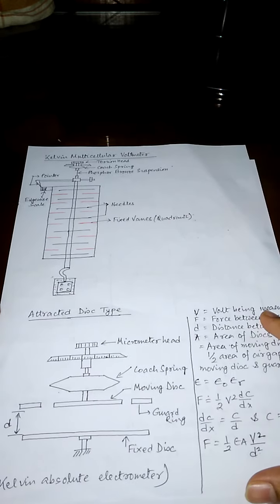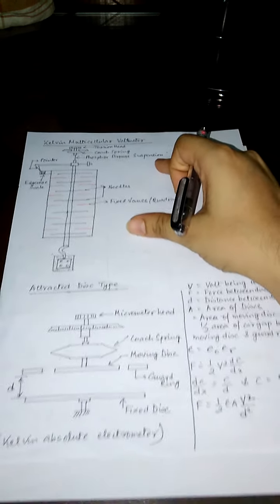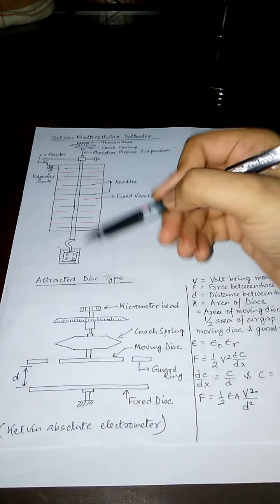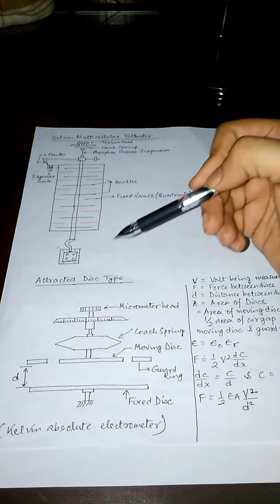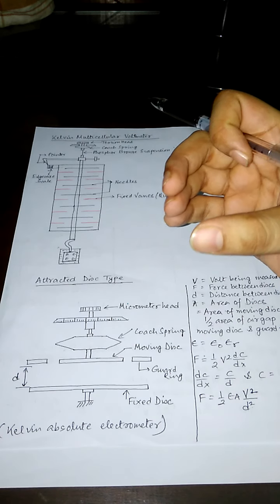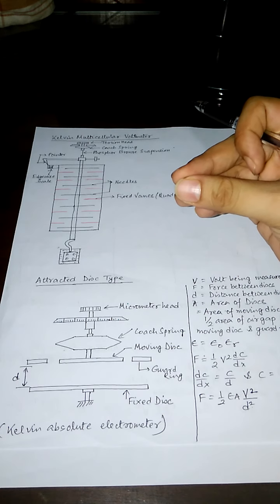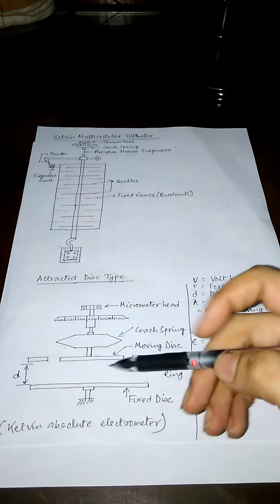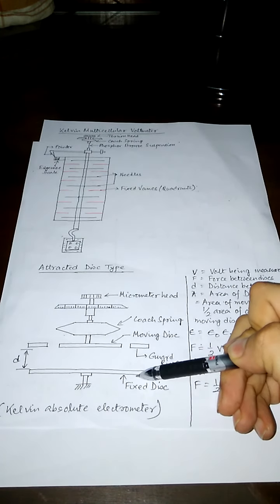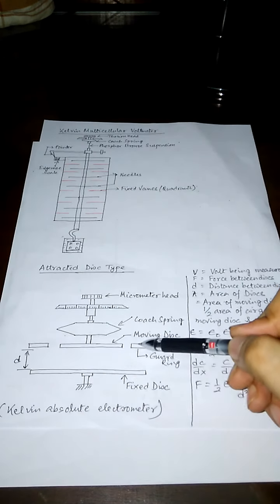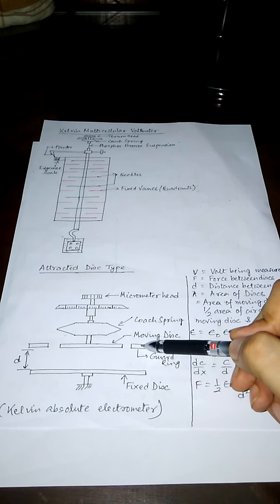Now we have done the quadrant type. Next is the attracted disc type. So what is the attracted disc type? There are two discs, one fixed disc and one moving disc, and there will be an attraction between them. See the figure: that is the fixed disc, that is the moving disc, and there is a guard ring provided. Why have we provided the guard ring?